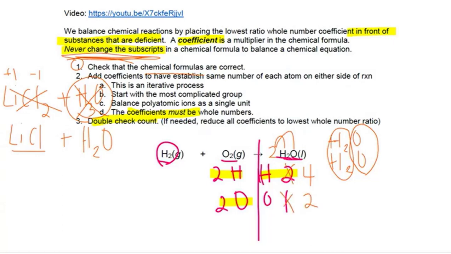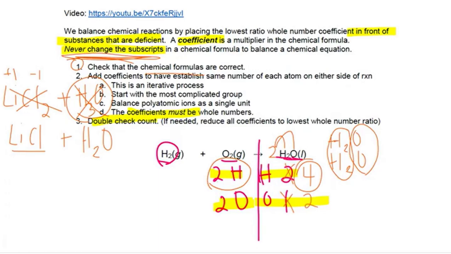Sometimes when you do this and you only want more O's, sometimes you get more of another, and that's okay. So now if we look, my O's are good, but my H's are now goofed up because I have 4 H's on the right and only 2 on the left. So I need more H's on the left.